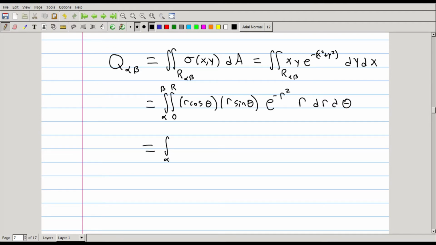This will be the integral from alpha to beta of the integral from 0 to R of r cubed e to the negative r squared times cosine theta sine theta dr d theta.